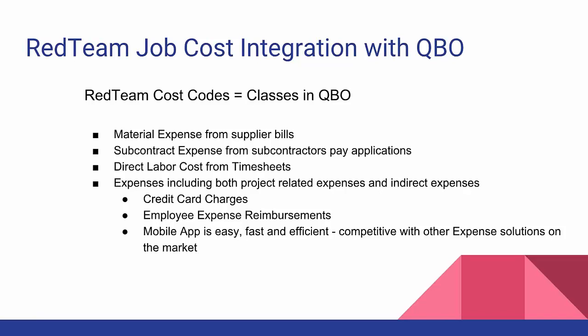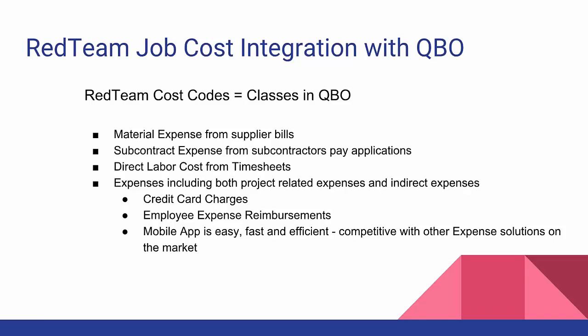One of the things that I recommend doing, especially for the new adopter of QuickBooks Online and RedTeam, is to compare those job cost numbers. If RedTeam is in charge of all of your projects, your cost of goods sold over in QuickBooks should match your RedTeam job cost. And I will tell you that in my $50 million general contractor, it did.